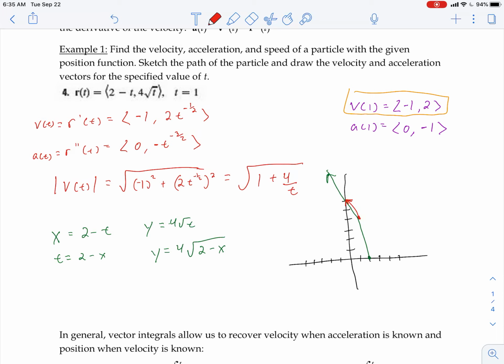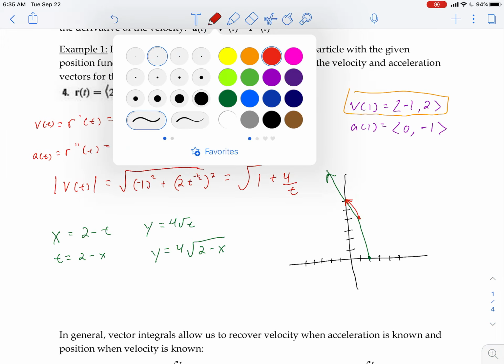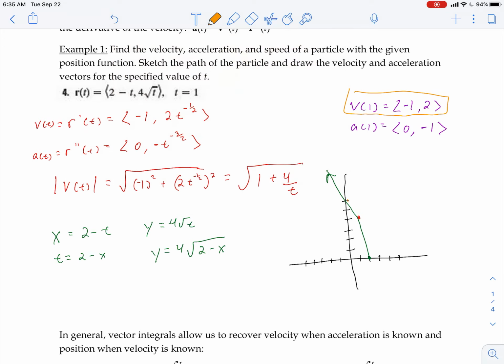Alright, so again, it's not going to have to be perfect when you're drawing these, and I should have just done that in orange. And then our acceleration vector, I'm going to do in blue. So 0, negative 1. And there's the acceleration vector. And that's all you need to do for that.